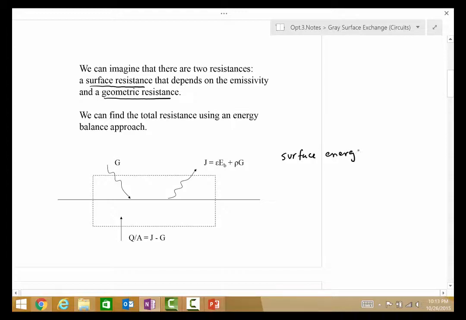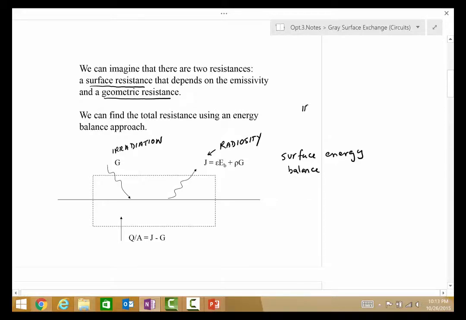In the surface energy balance, we consider the incident radiation or irradiation on surface i, or surface 1, and we think about the radiosity. So again, J is the radiosity, which is the total radiation leaving the surface. G is the irradiation or incident radiation.